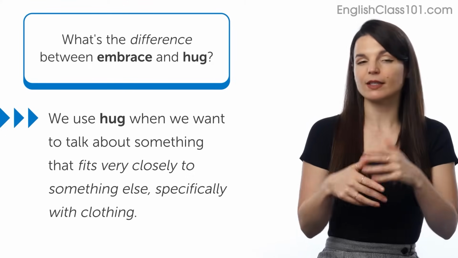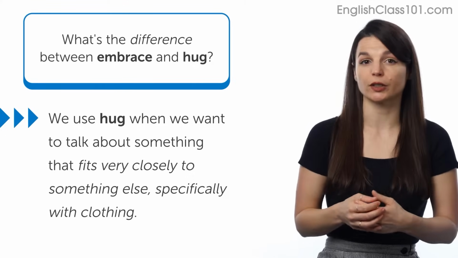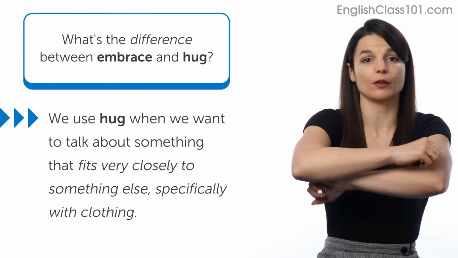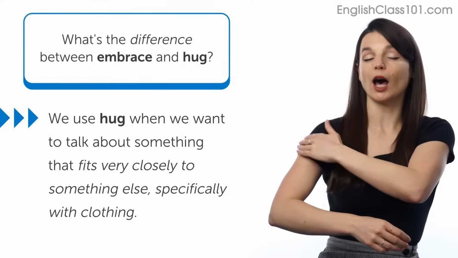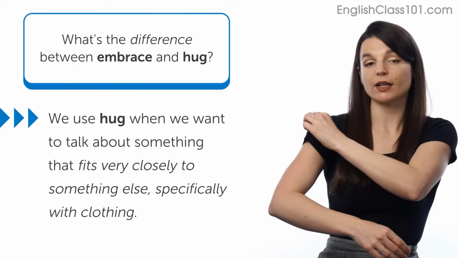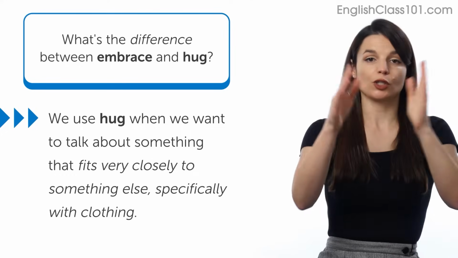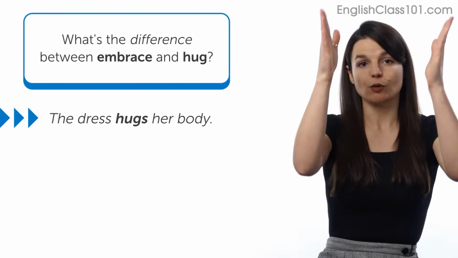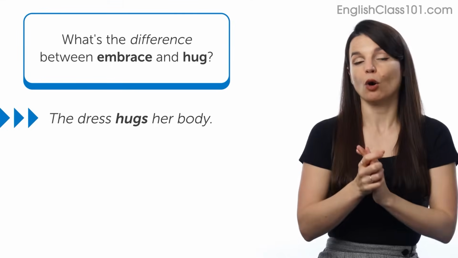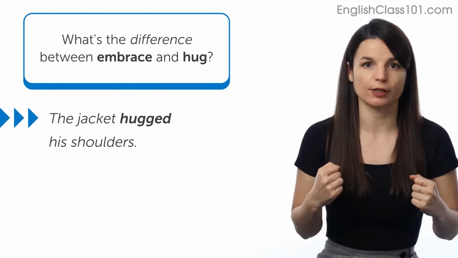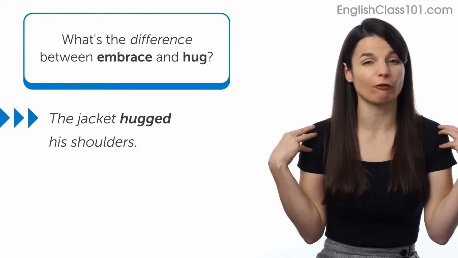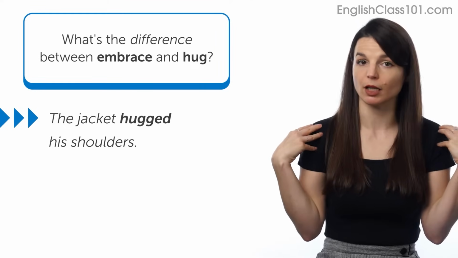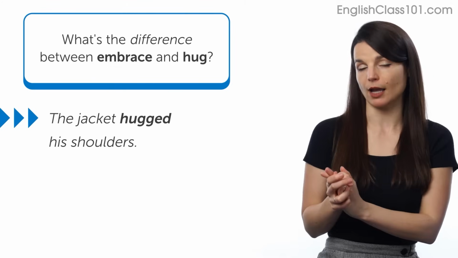So you can think of this kind of like the way I talked about earlier. When you put your arms around someone else, you become kind of tight against them, right? So when clothing hugs your body, it's very tight against your body, right? So you might say, for example, the dress hugs her body, or the jacket hugged his shoulders. Something like this expresses a tight fit, or something that is just more fitted, closely fitted to the body. So there is this use of hug as well.